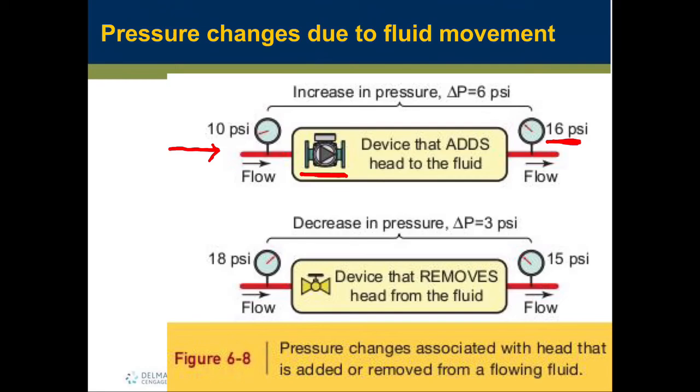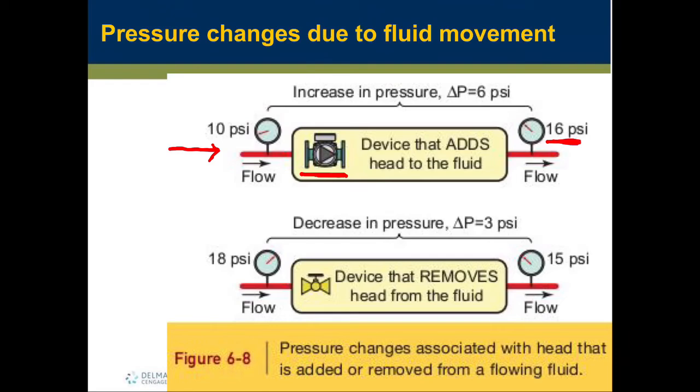The pressure leaving that pump would be higher in this case. Most of us would say that's pretty obvious. But that pump is actually adding what we call head. It's adding pressure to the fluid, due to the energy that was transferred into that pump.